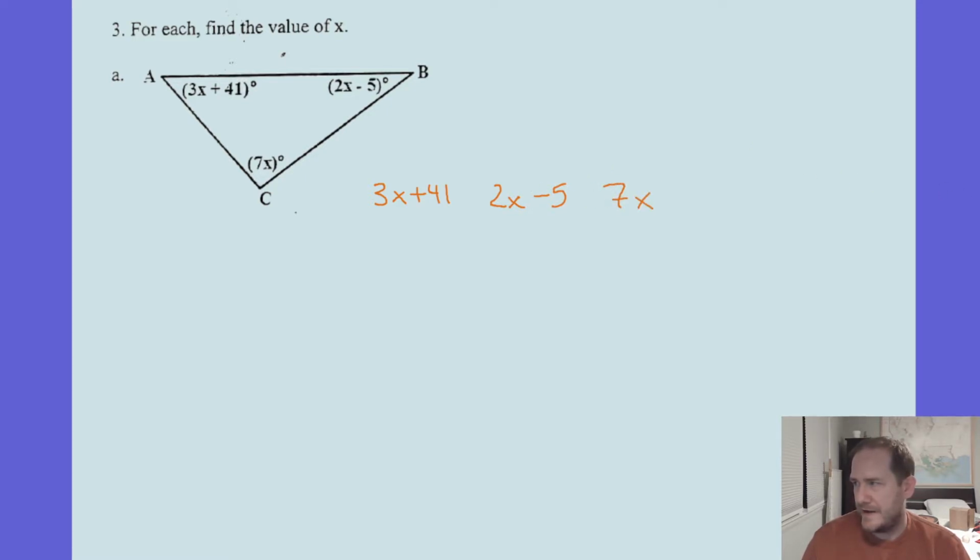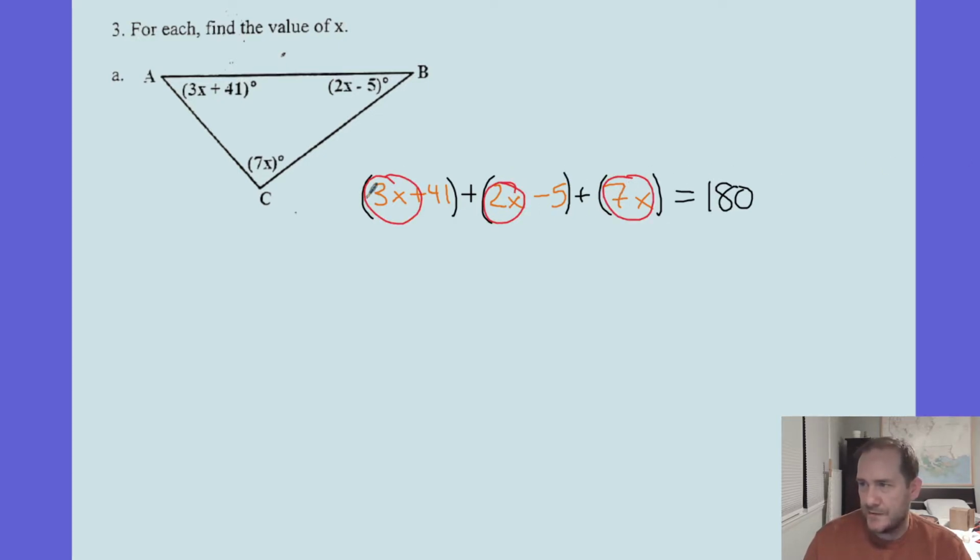And you're going to say that all 3 of those things added together would give you a grand total of 180. So we've got to solve that. So you'll take the 3x, the 2x, and the 7x. Those are all like terms. So when you add them up, 3x plus 2x is 5x, and 5x plus 7x is 12x.